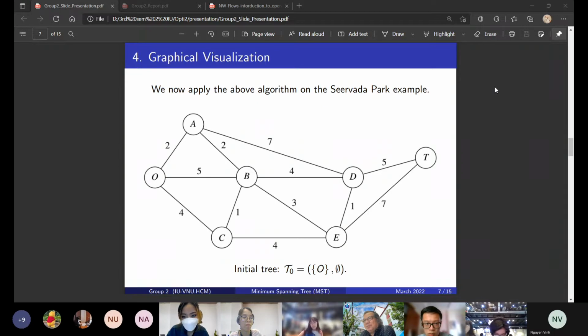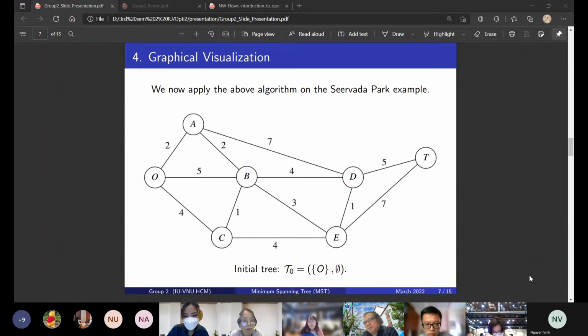My name is Jeremy, and now I will show you how to construct the minimum spanning tree for telephone lines in the Sivadar part, as an example for you to understand the algorithm clearly.